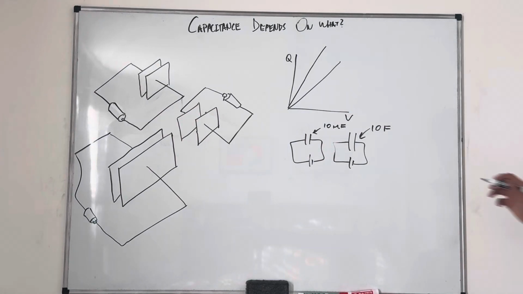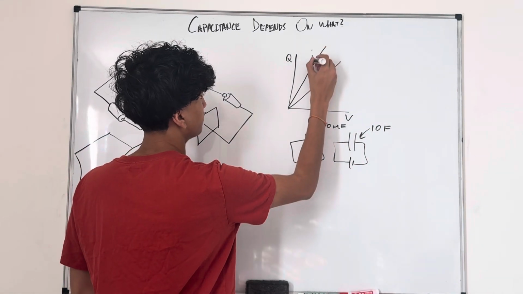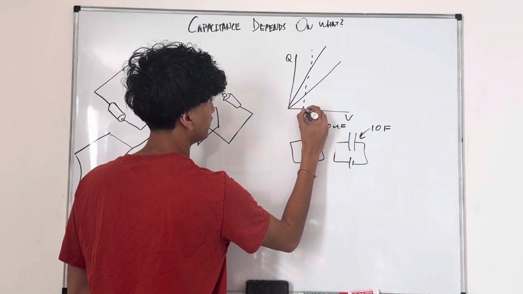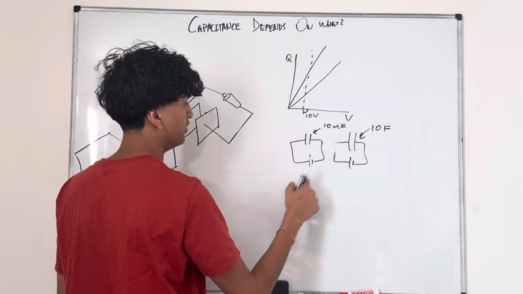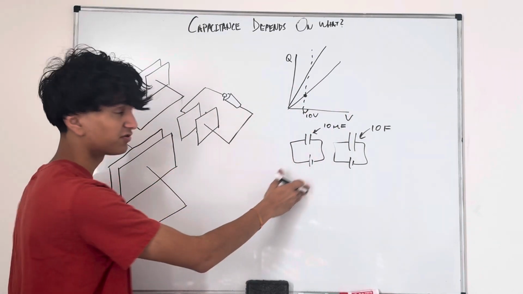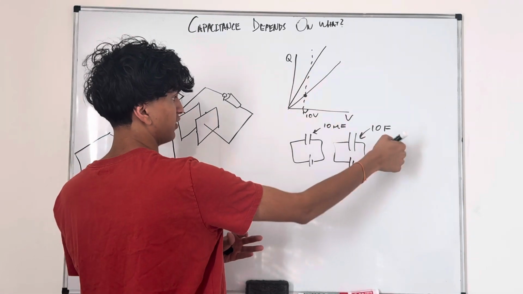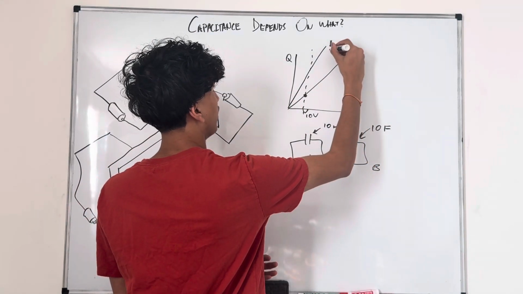What does that mean? Well, if I were to take a certain point, so let's say right here, we'll call this voltage 10 volts, I don't know. But this guy's charge being held is much smaller at 10 volts compared to capacitor B's charge.